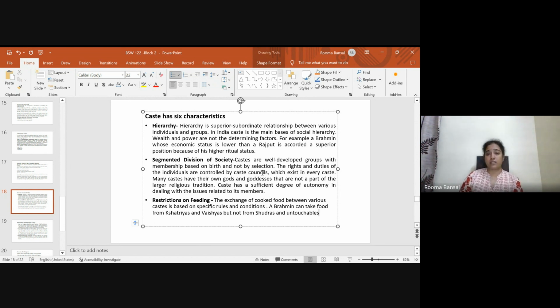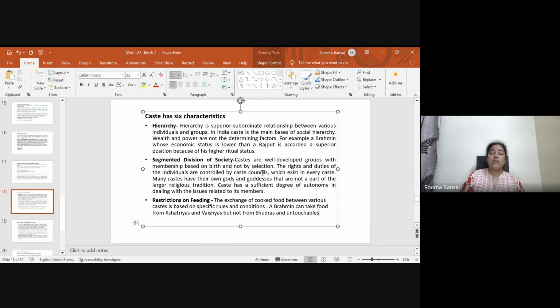Their caste council has decided that the members of our caste, the members of our community, should not consume alcohol or non-veg. Nowadays, it's a matter of choice. But in the previous system, the ancient era and old age, there were simple rules and regulations for every caste, every varna. Some castes have their own gods and goddesses, which are not part of a larger religious tradition.